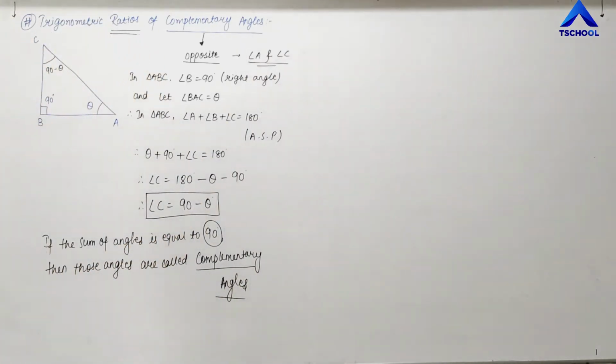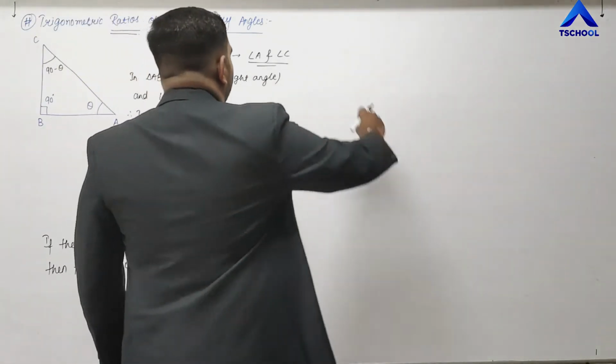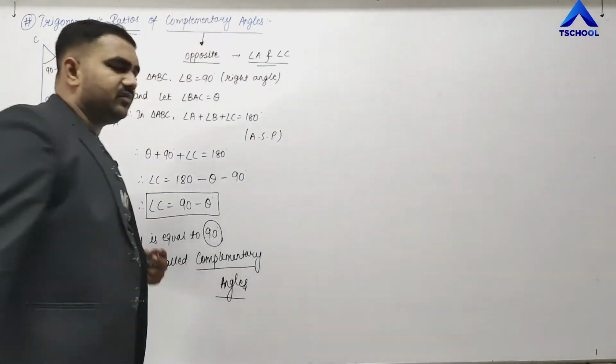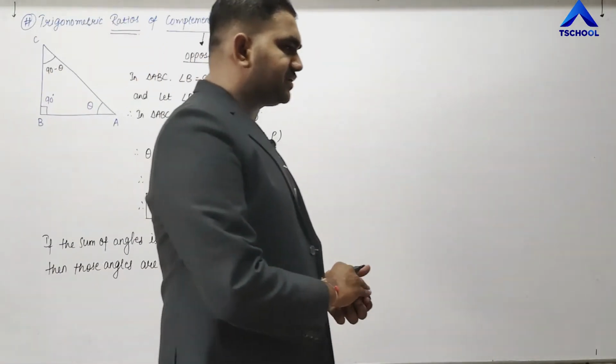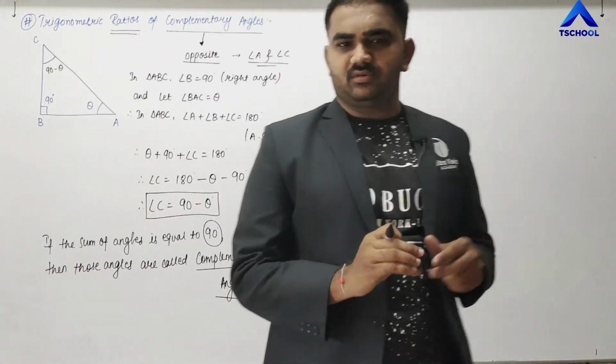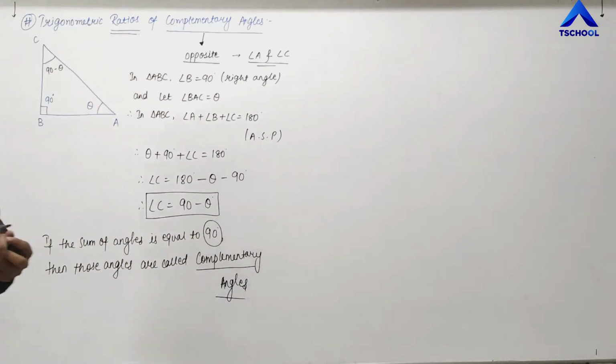Angle A and angle C are those opposite angles that we are going to find out the ratios for. Is it clear? Now, we already know what trigonometric ratios are. That was the very first topic that we have studied in this chapter, right? So let us see the trigonometric ratios for both of these angles.